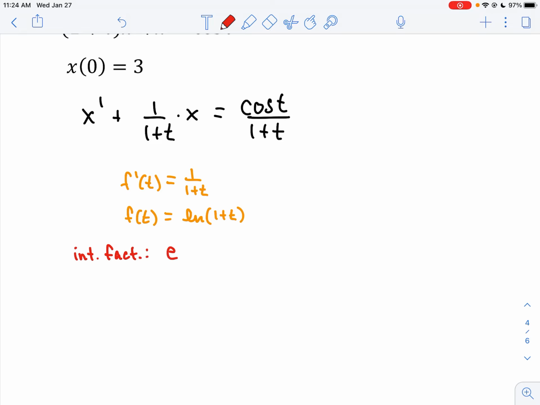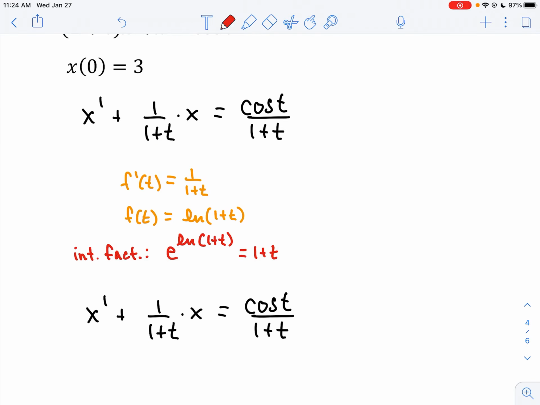It's going to be e raised to the f of t, so e raised to the natural log of 1 plus t. But you might remember your properties that when you do e raised to the natural log, they cancel each other. So in this case, the integrating factor just becomes 1 plus t. So it means I need to take this expression right here and multiply both sides by this integrating factor, which is 1 plus t.